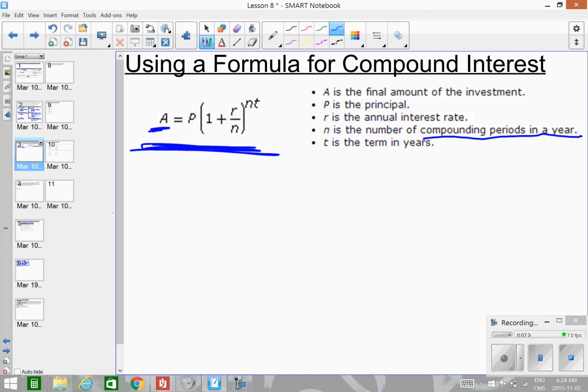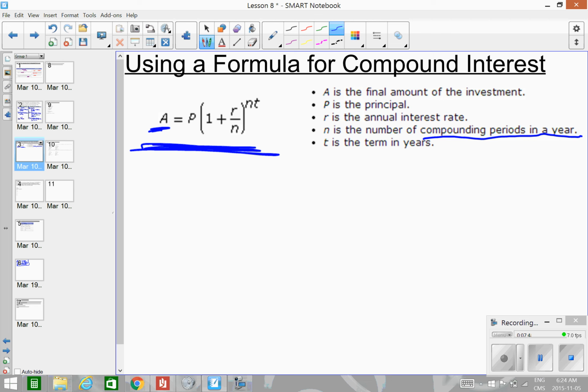What that means is how many times that interest is reinvested per year. So often it is monthly, in which case N would be 12. If it's weekly, N would be 52. Right? And T is the number of terms in years.